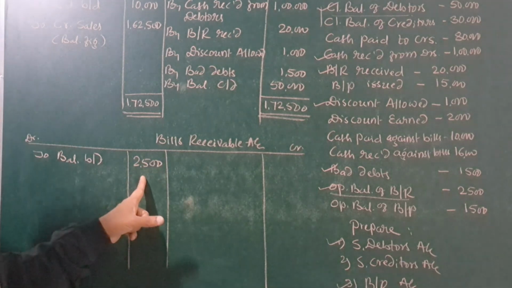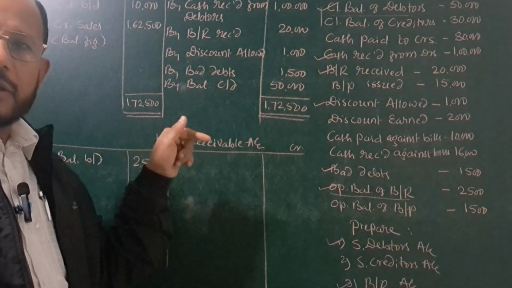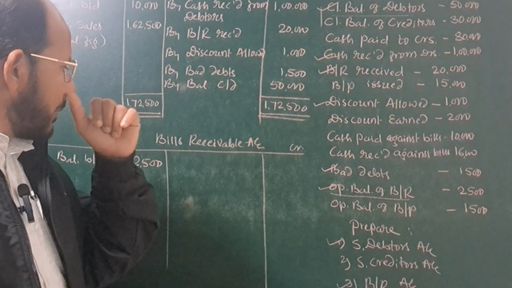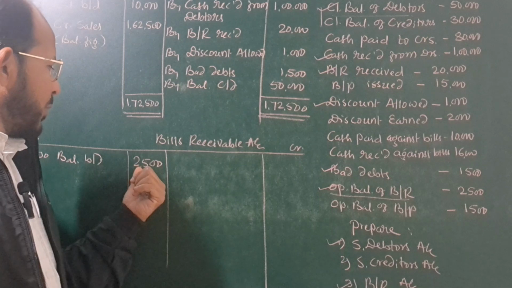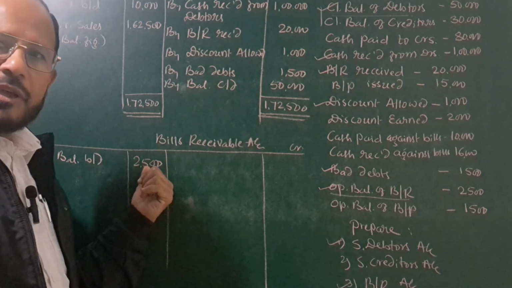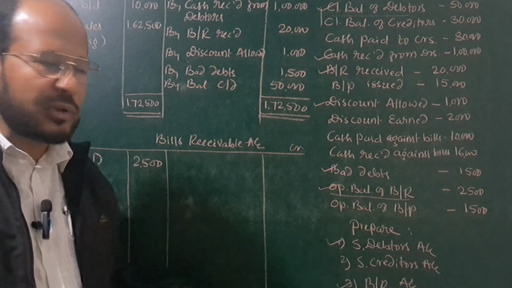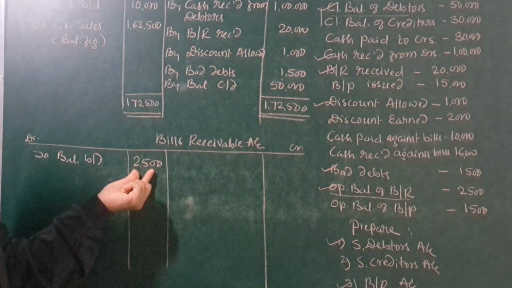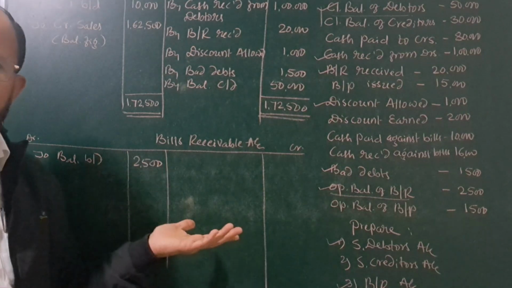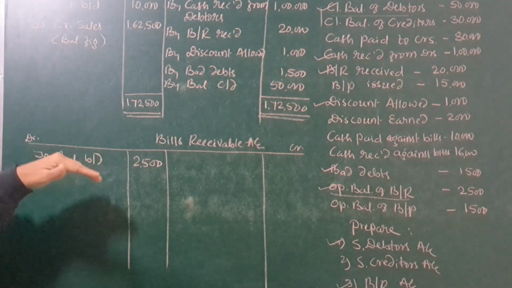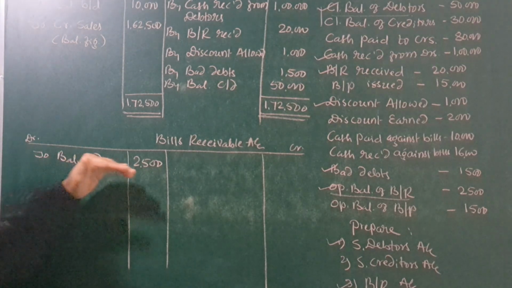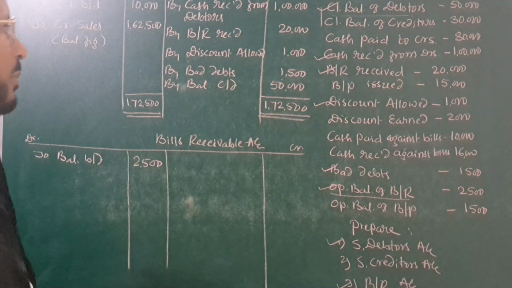These are the bills of the previous year. Previous year we collected the bills, but out of that rupees 2,500 bills were not paid by our debtors. That is why closing bills receivables of the previous year are to be taken as the opening bills receivables during the current year. That is why here we have to write 2,500 opening balance.